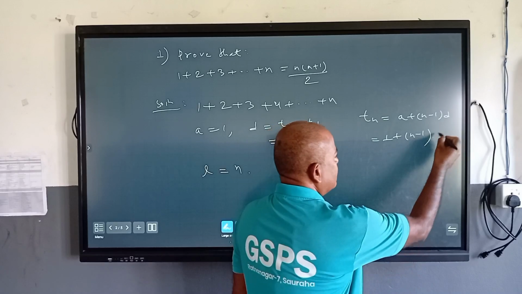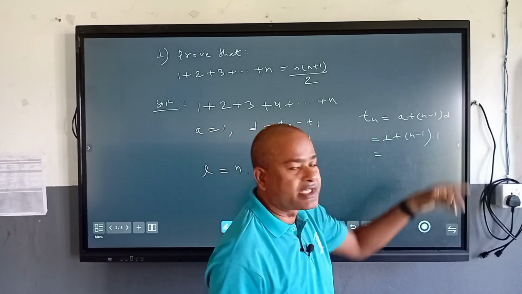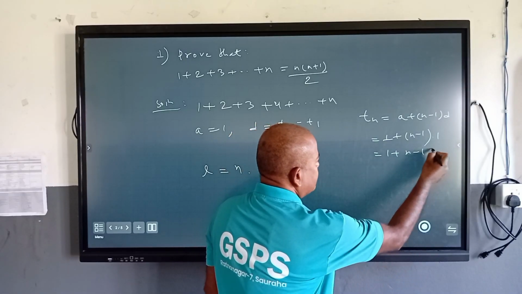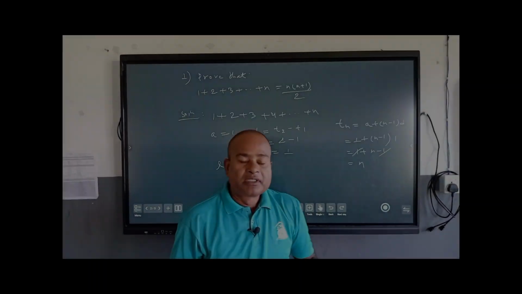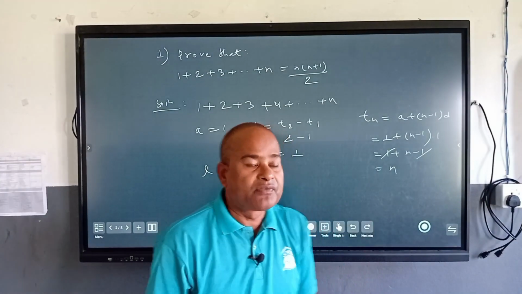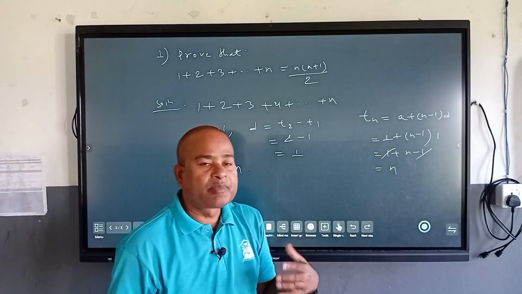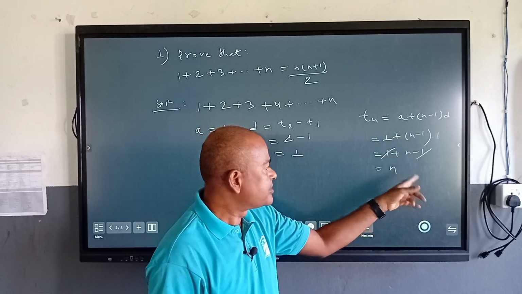If we put the value of first term a equals 1 and common difference d equals 1, and do the calculation, then we get Tn equals n. The general term of the first n natural numbers is n, which we get by using the formula Tn equals a plus (n minus 1) times d.